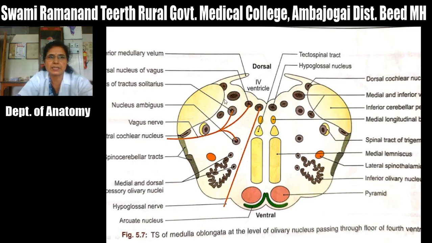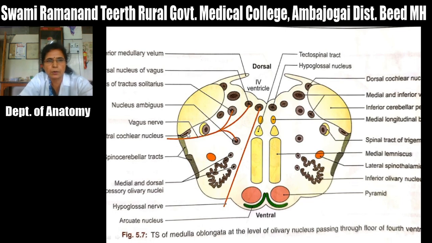And the last column is the special somatic afferent column, and here the nuclei are the vestibular nuclei and the cochlear nuclei. These nuclei are present at the junction of pons and medulla, so we will see about these nuclei when we study the pons.